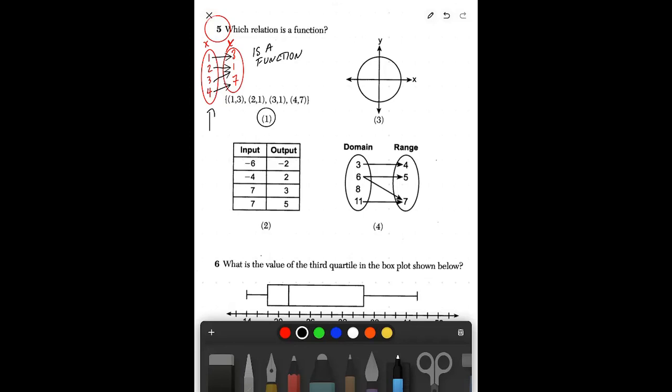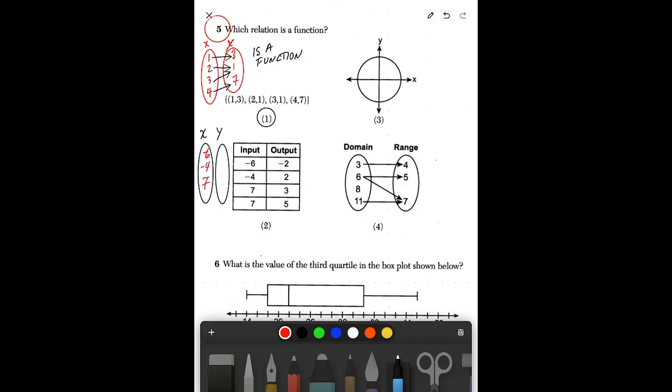But I'm going to go through and do the other ones and show you why they're not functions. So I'm going to do another mapping diagram for this one. This is the x, this is the y. So the x would be -6, -4, and 7.